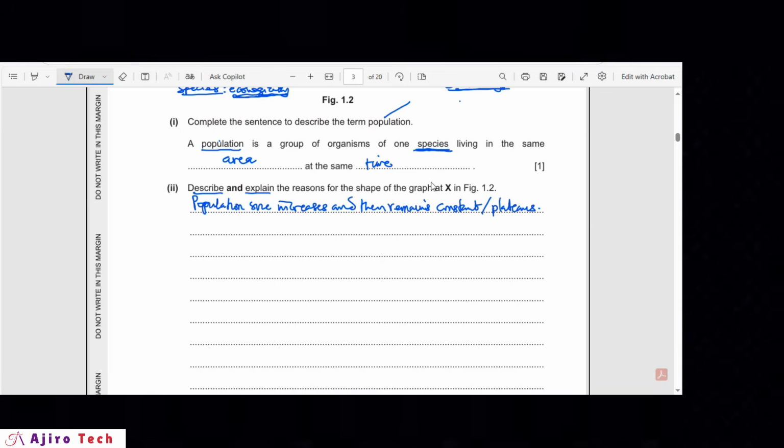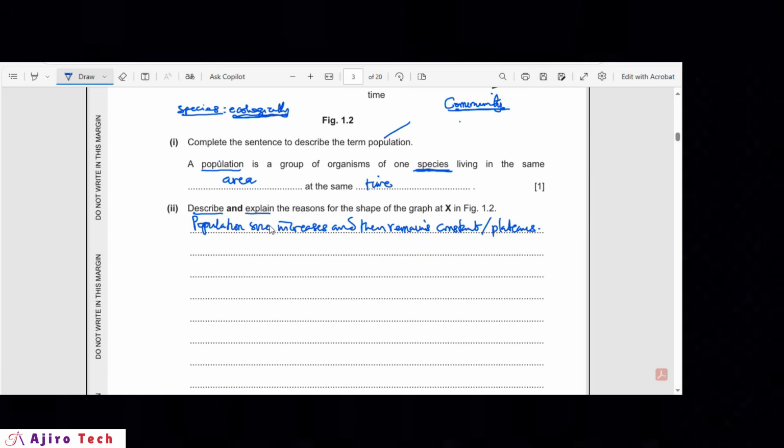And what's the reason for that? Can we go to the explanation, because we're asked to describe and explain? The explanation for why it increases, let's pick increases now.